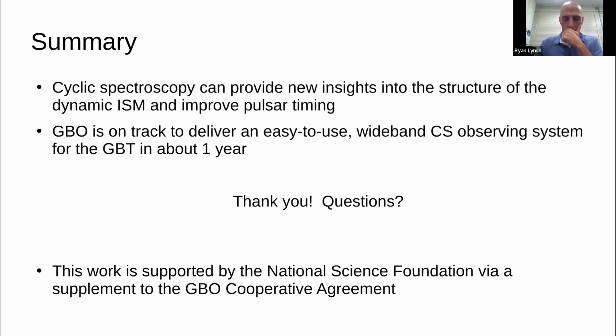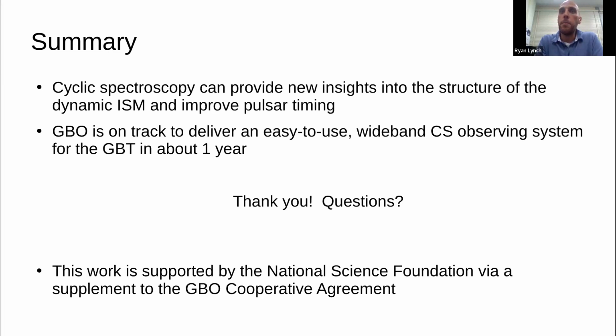Okay, I'm going to ask my question in terms of long term. Are you planning on having different types of modes, like you'd have different Vega spectroscopy modes, but for cyclic spectroscopy configured for different resolution or timing? Yeah, so the system will be flexible in terms of what you can specify in terms of processing times.